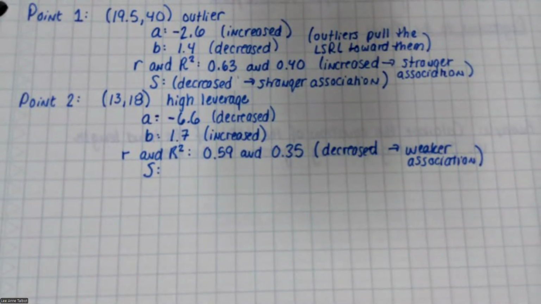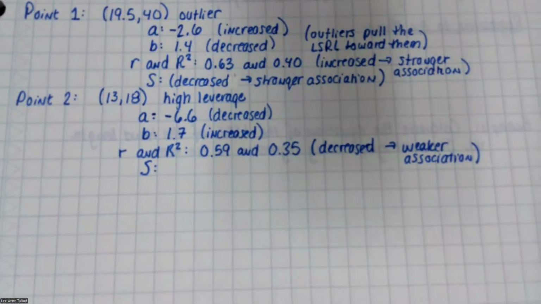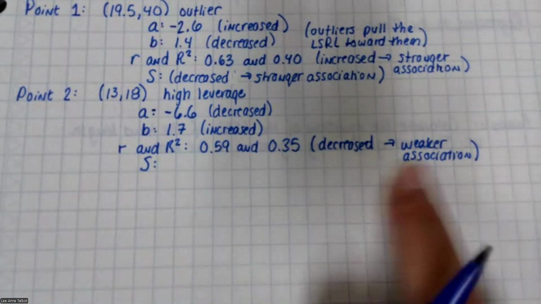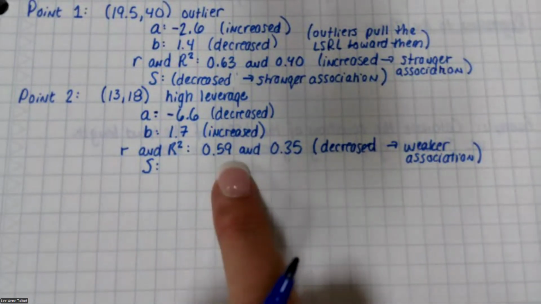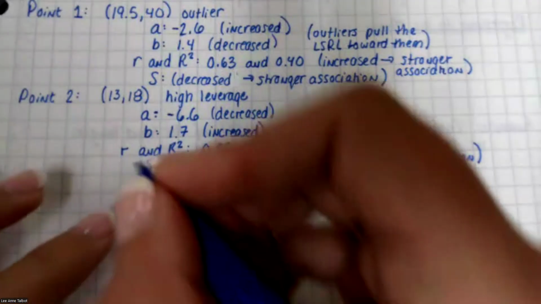But we knew that was going to be the case because she wasn't really that far down the x-axis. Okay, so if it's a weaker association because these went down, then the amount of error will increase.